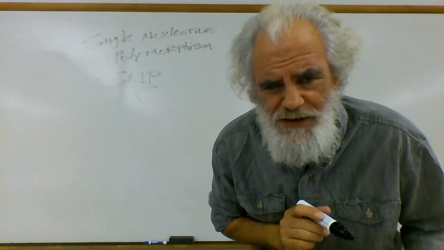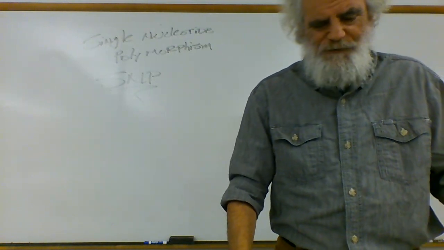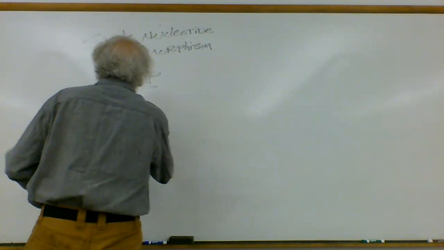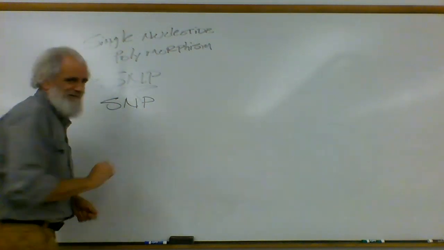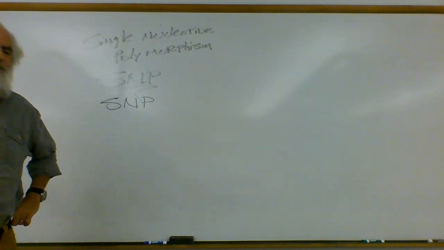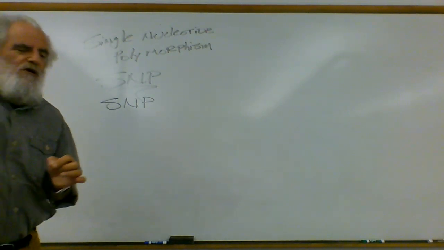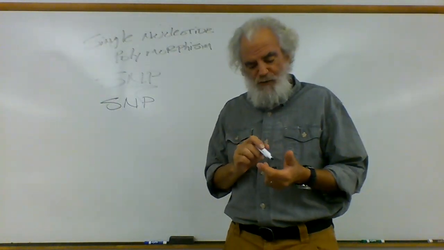And you see that? My marker's starting to go on me. An SNP. Now, a single nucleotide polymorphism, this is a wonderful tool for thinking about mutagenesis, single nucleotide polymorphisms.